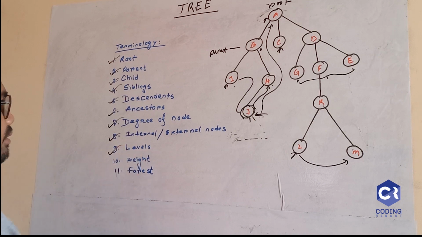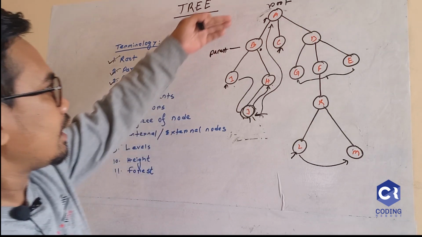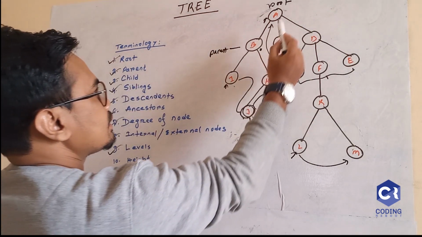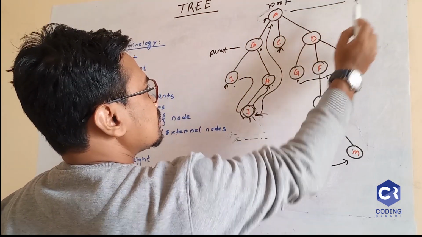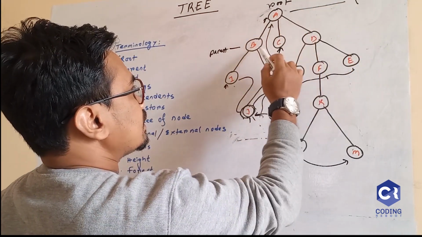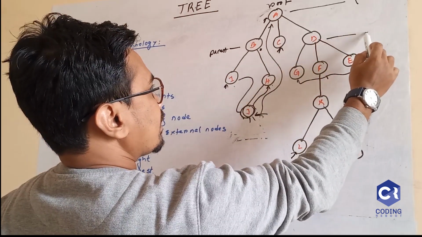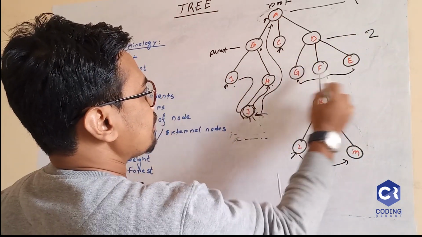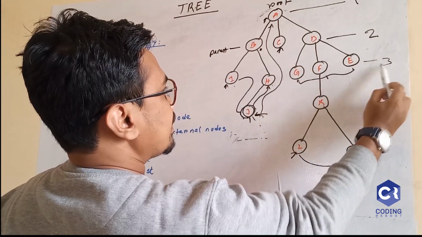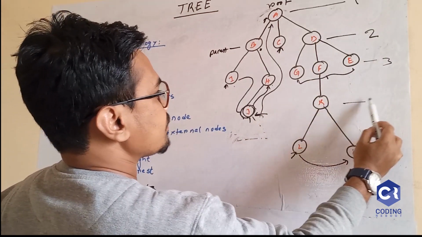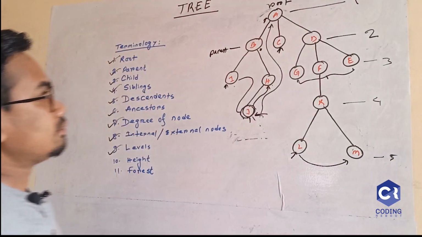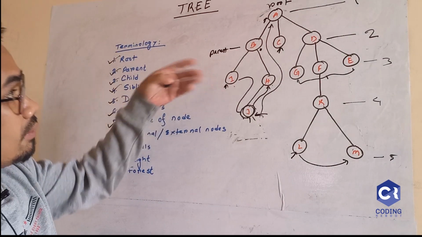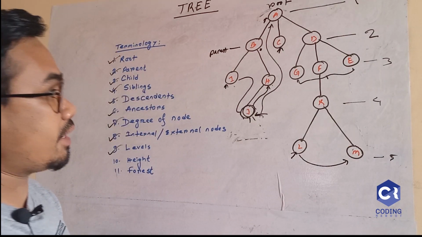Now what about the levels? The levels of a tree we define as: from the root we count 1, this level we count as 2, this level we count as 3, this level we count as 4, this level we count as 5. So the level of this particular tree is 5.